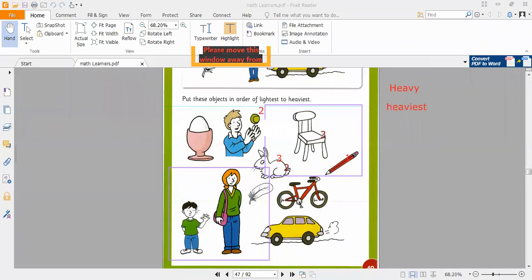Feather is one. Boy. And woman is third. Well done. One is the feather, then the boy, and the third one is a woman. She is the heaviest in this group.